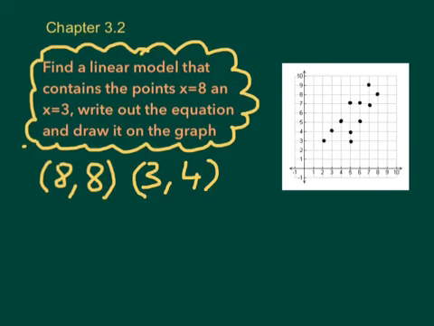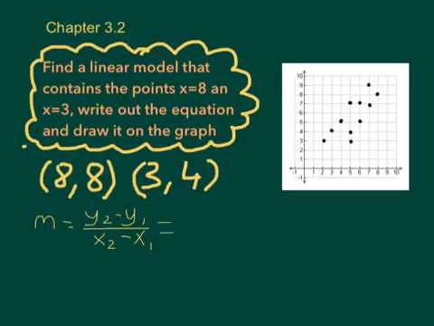Okay, we've done that a million times, and that should be pretty easy. Here's how we do it. Okay, so my slope m equals y2 minus y1 over x2 minus x1.